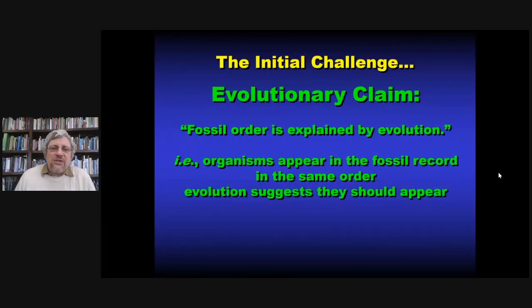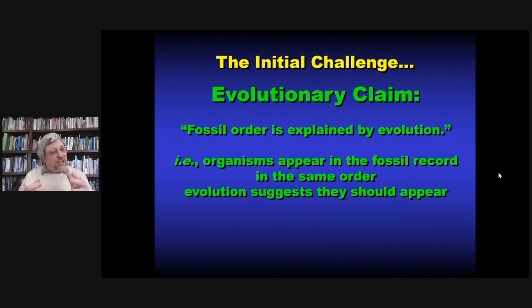A more precise way to phrase this particular statement is that organisms appear in the fossil record in the very same order that evolution suggests they should appear. In other words, evolution is a theory that, even though it can't do this in retrospect, it can actually develop a theory of the order that organisms actually appeared, and it can do that independently of the fossil record.